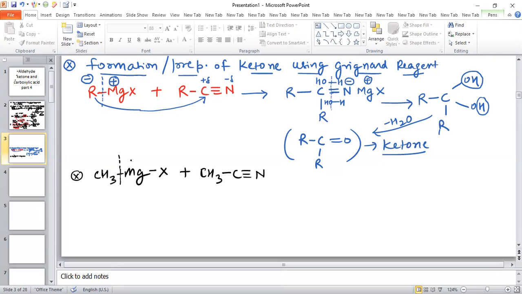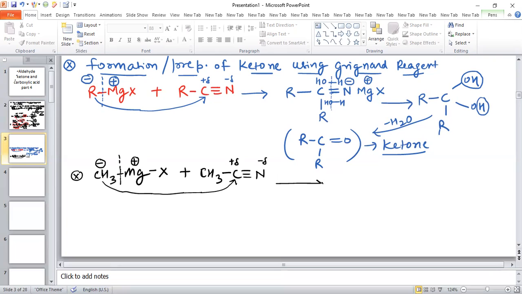So magnesium has a positive charge, more electropositive, and carbon has a negative charge. Now you can see this is partial negative and this is partial positive. So this R minus will attack this carbon, the electrophilic carbon.